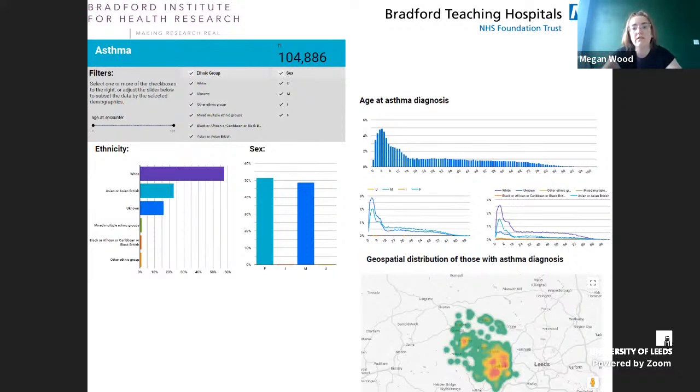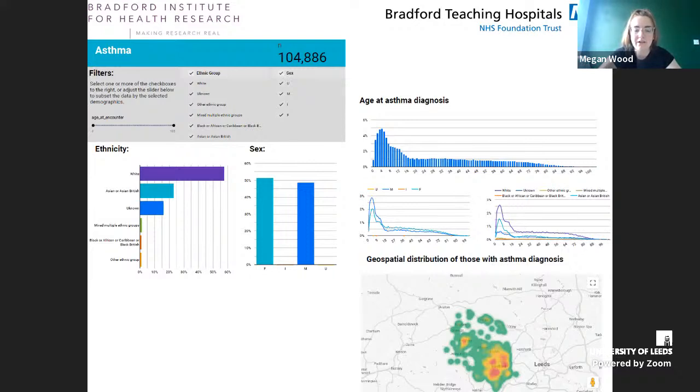In addition, we can drill down into the more specific descriptives, which are specific to that particular data set. So here we have age of asthma diagnosis. So as far as our data are concerned, it seems that the majority of cases are diagnosed during early childhood, as you can see from the top right plot there.